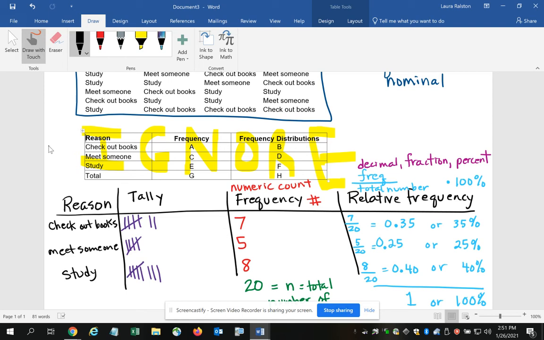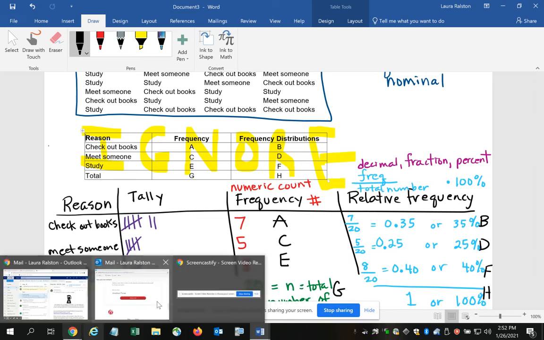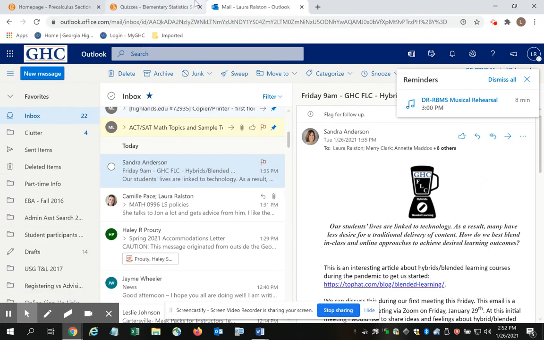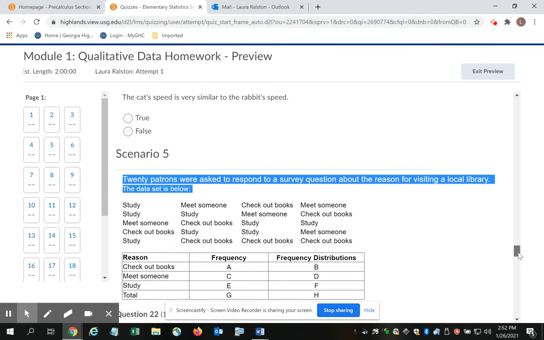And so the frequency for check out books corresponds to letter A. Meet someone corresponds to letter C. This is letter E, and then the total is G. For your relative frequency, you have B, D, F, and H. That's what those letters are for. That's the way to help you match them up. Then once you get your table set up and you have it matched, you can go into that particular question and begin to answer them.